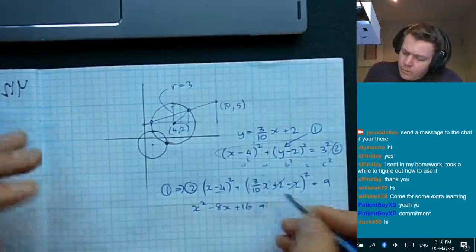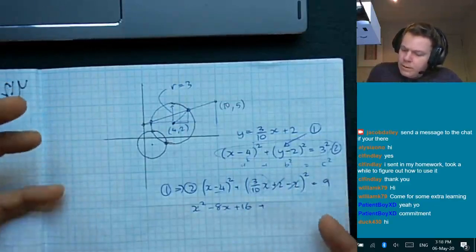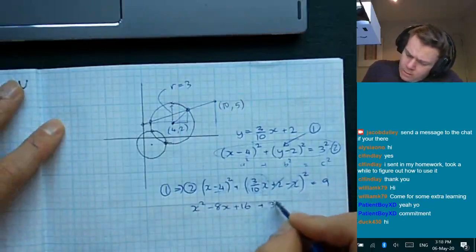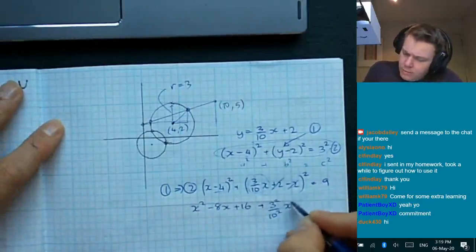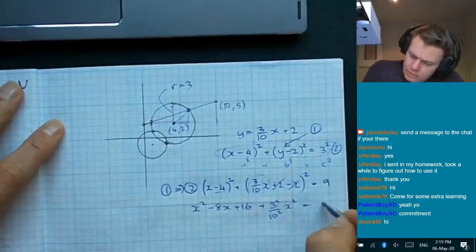When you square something where all the things are multiplied together, you're just squaring each element. So 3 squared over 10 squared x squared equals 9.